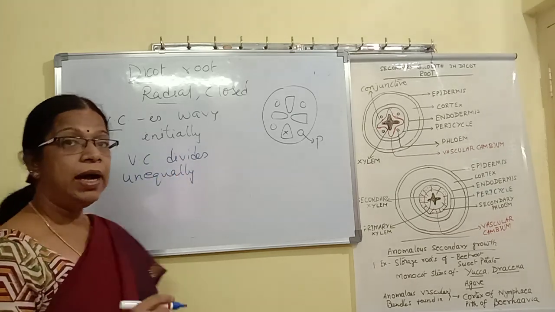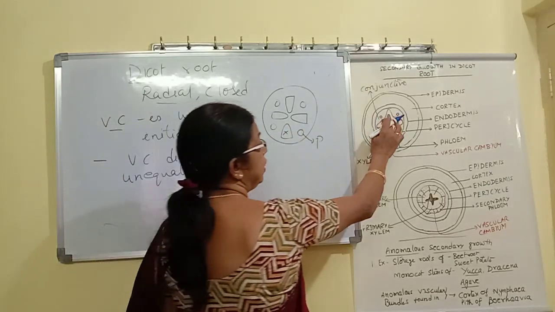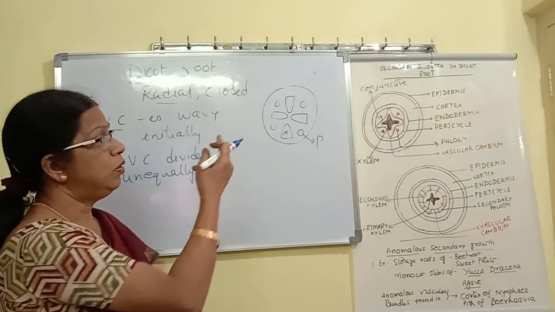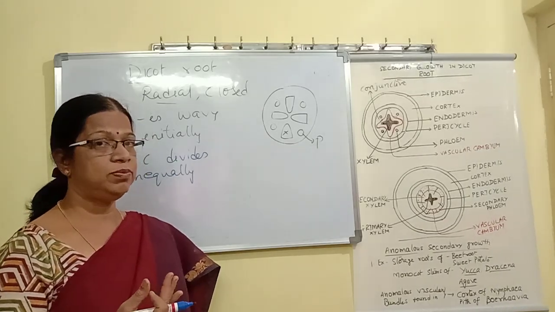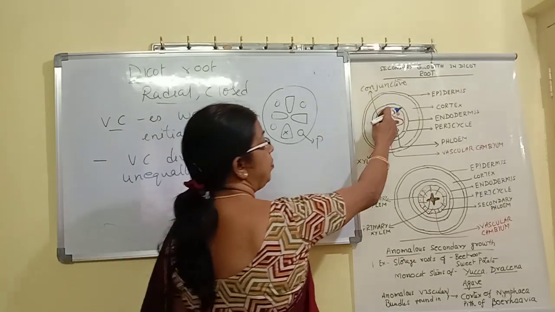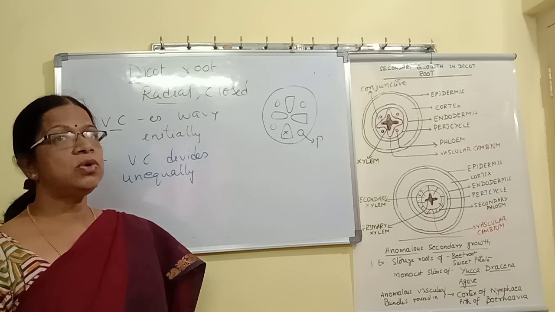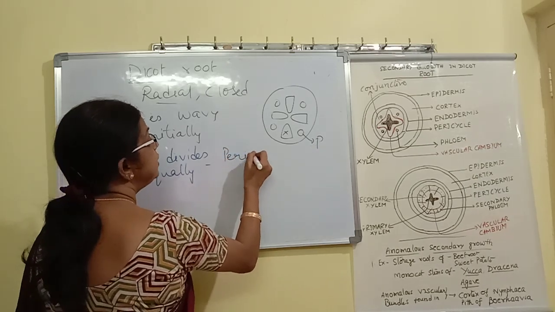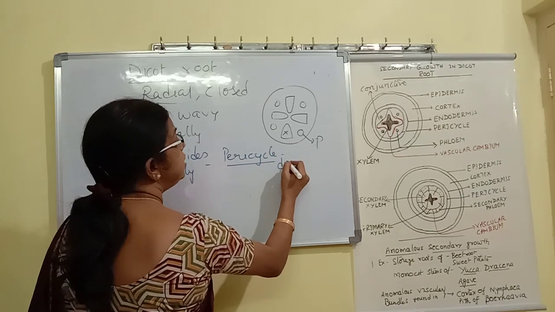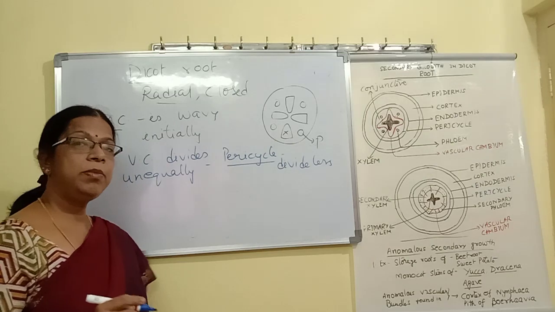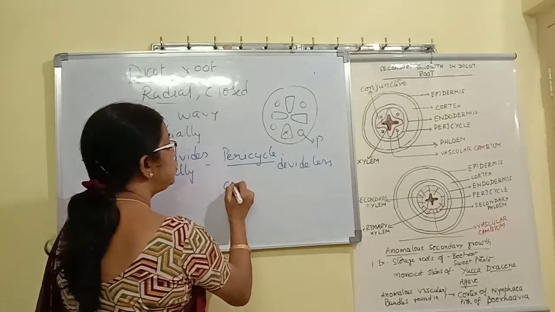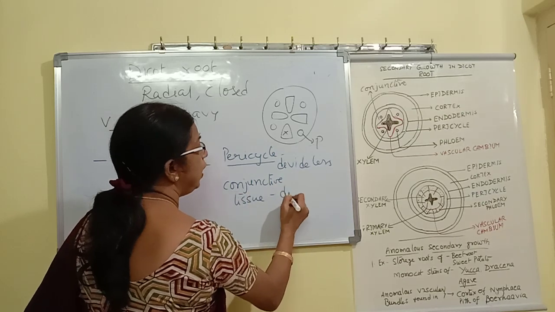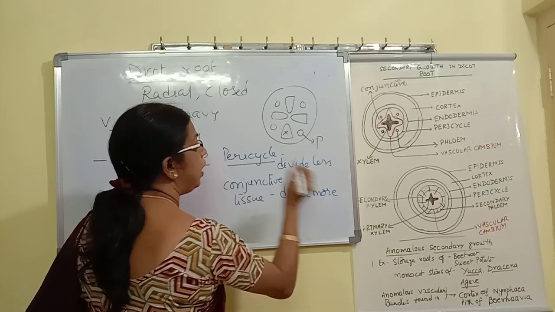Unequally means more divisions occur where the vascular cambium is formed from conjunctive tissue, and the vascular cambium formed from pericycle will show fewer divisions. I repeat, the vascular cambium formed from pericycle will divide less, and that formed from conjunctive tissue will divide more. That is called unequal division.